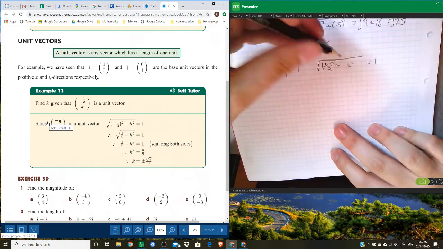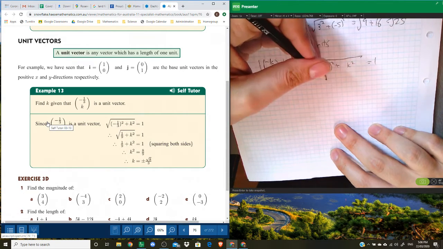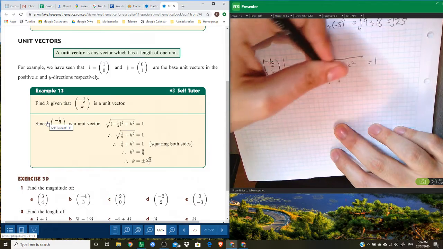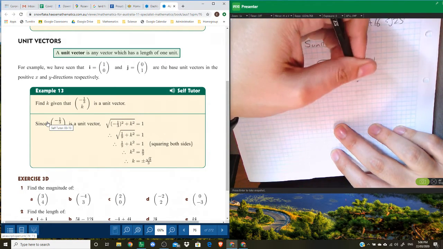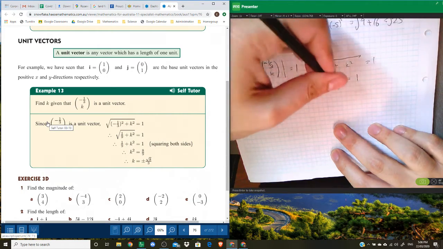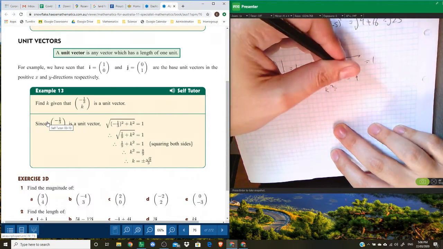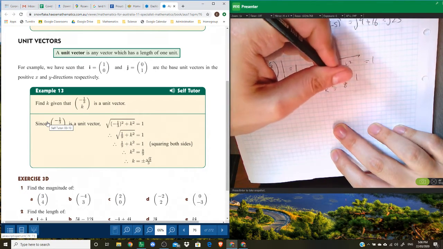You can square both sides. Minus 1/3 times minus 1/3 is a 9th, plus k squared equals 1, because 1 squared is 1. Move that across: k squared equals 1, which is 9 ninths, minus 1/9, would be 8/9.